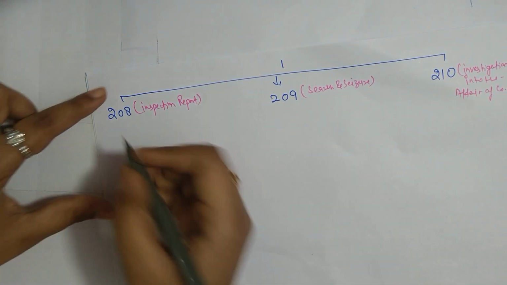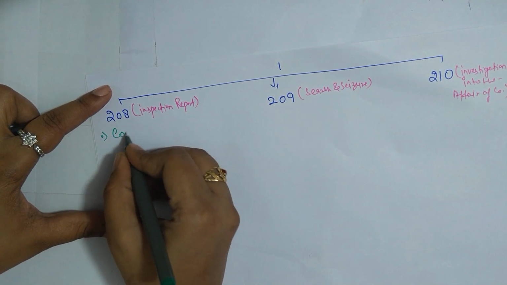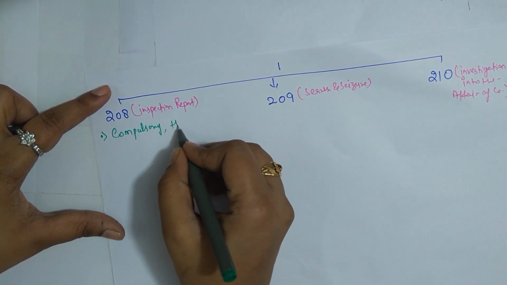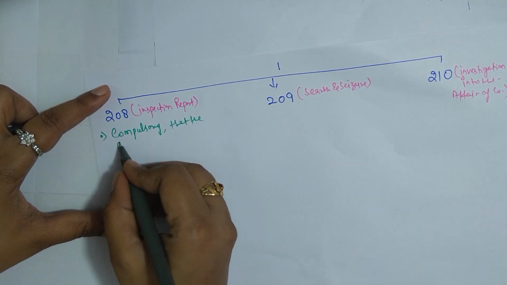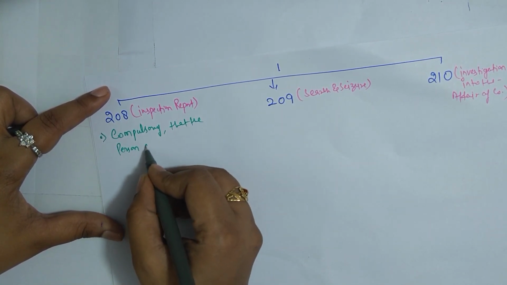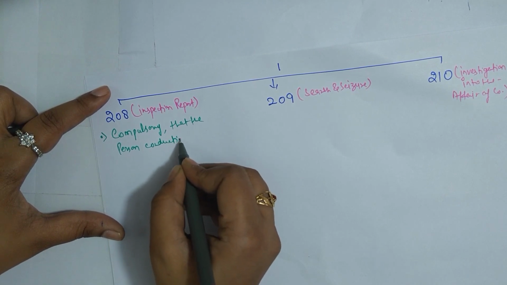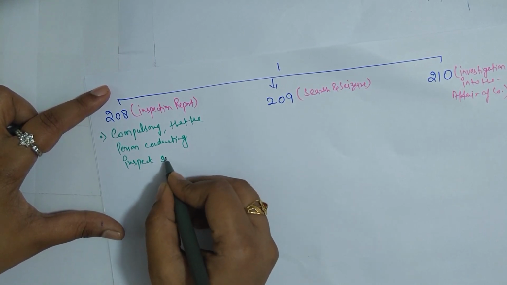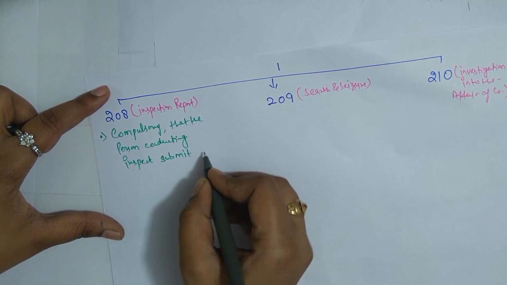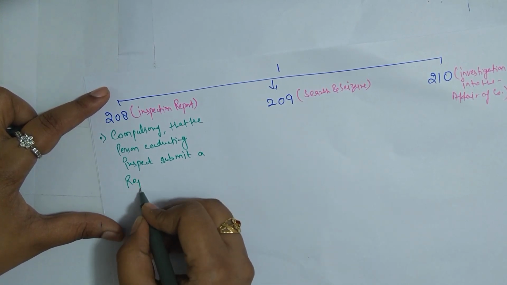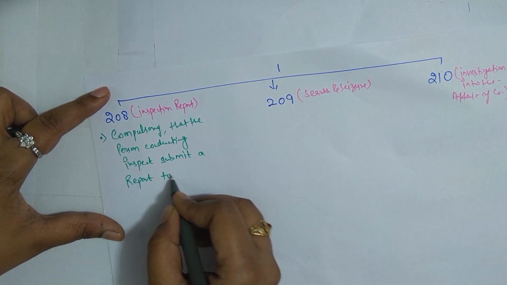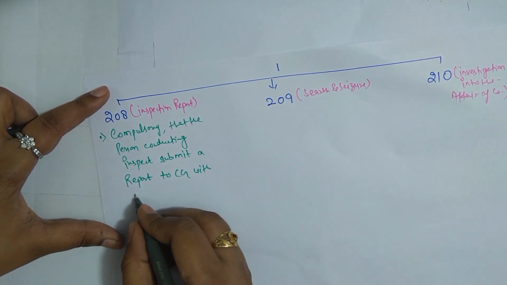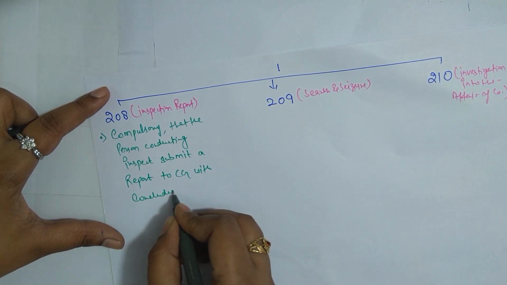So the first point is that the investigation report is compulsory: the person who is conducting inspection must submit a report to the central government which includes concluding remarks also.